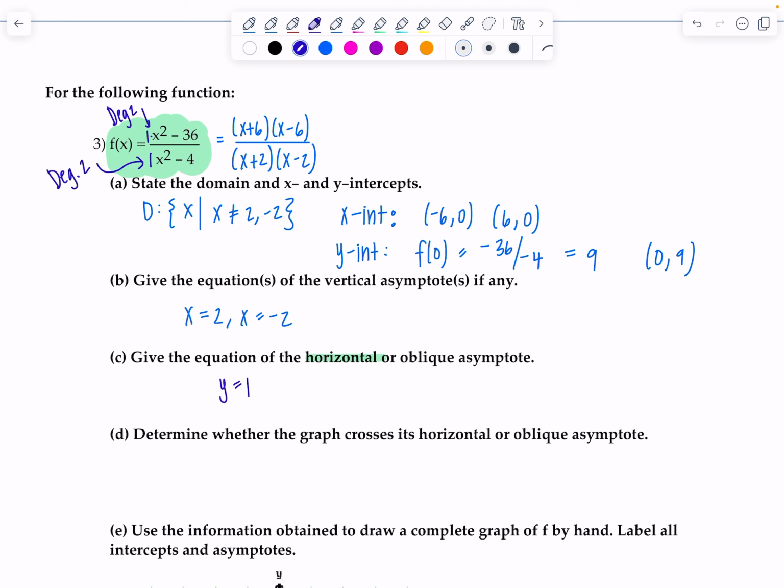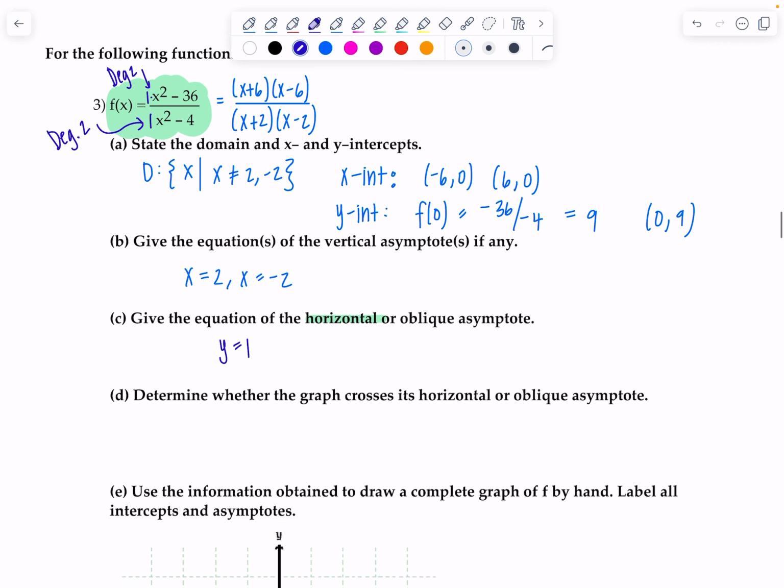Okay, last thing before we graph, determine whether the graph crosses its horizontal or oblique asymptote. So the way to do this is I want to check if f of x is ever equal to the equation of its horizontal asymptote, which in this case is 1. So f of x is x squared minus 36 over x squared minus 4.